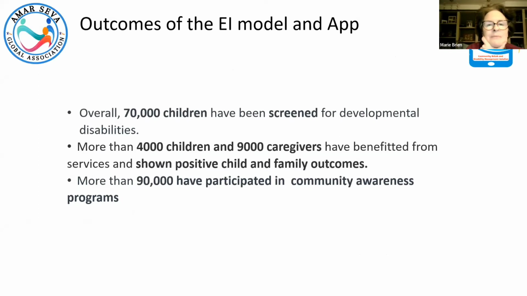So the outcomes of our EI model and app are at this time that we have some 70,000 children who have been screened for developmental delays or disabilities. We have more than 4,000 children and 9,000 caregivers who have benefited from services and shown positive child and family outcomes. And we have more than 90,000 who have participated in community awareness programs.